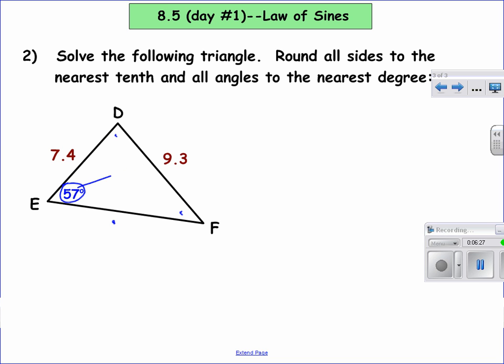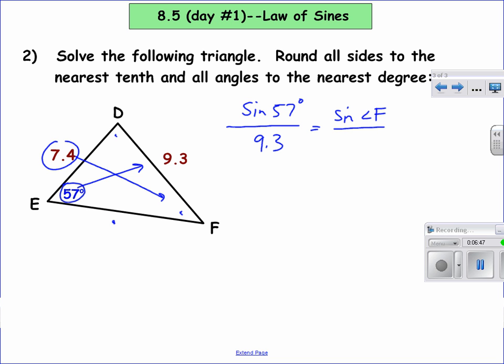Look for an angle and a side across that I know. So the sine of 57 degrees over 9.3 equals, well, I got this side over here, so let's talk about its angle across, which would be angle F. So the sine of angle F, which sadly I don't know, over 7.4. Okay? So now let's cross multiply and just see what happens.